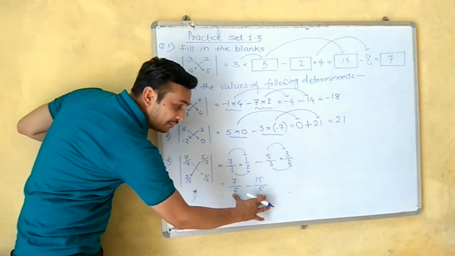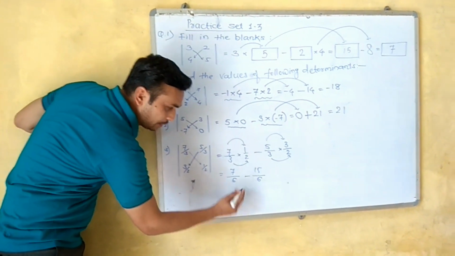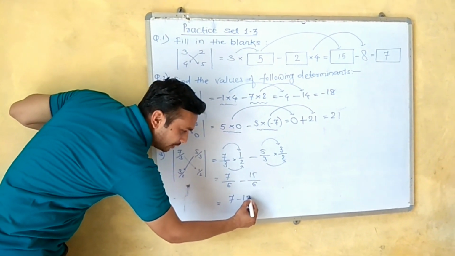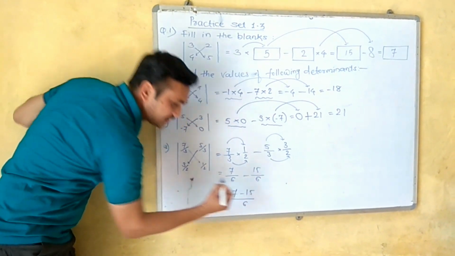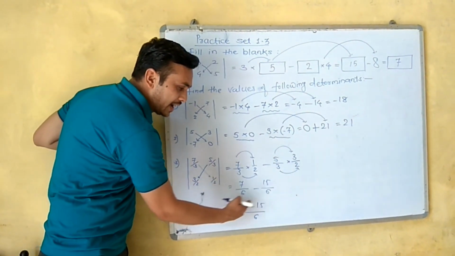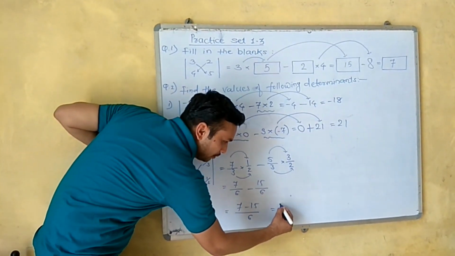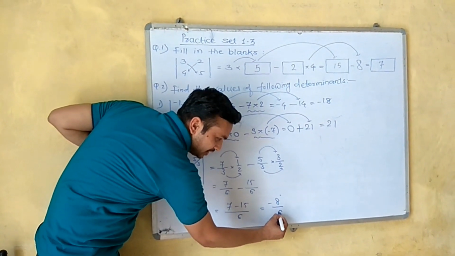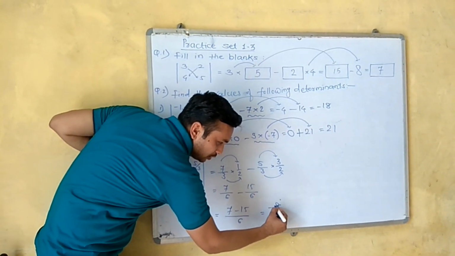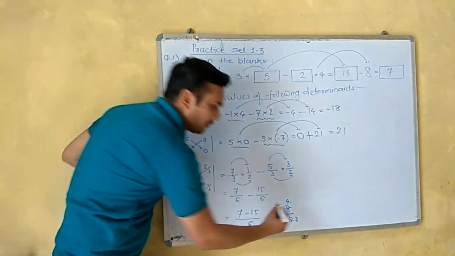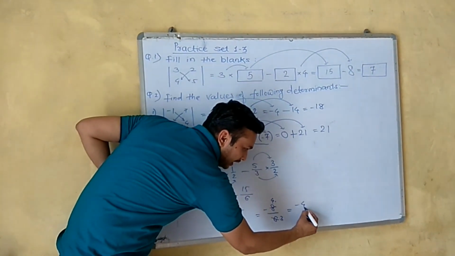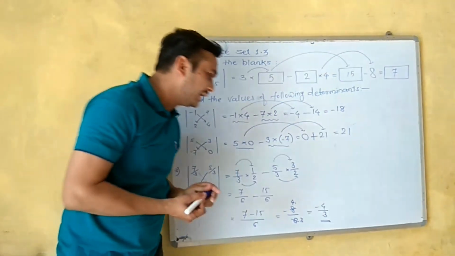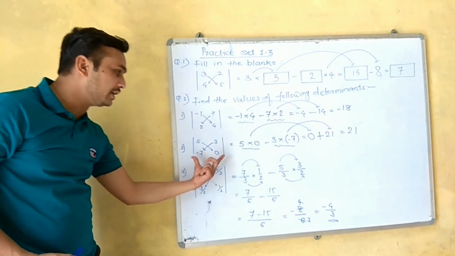Now, because of the same denominators, subtract the numerators: 7 minus 15 upon 6. So 7 minus 15 equals minus 8 upon 6. 2 3s are 6, 2 4s are 8. So our final answer is minus 4 upon 3. This is the value of this determinant.